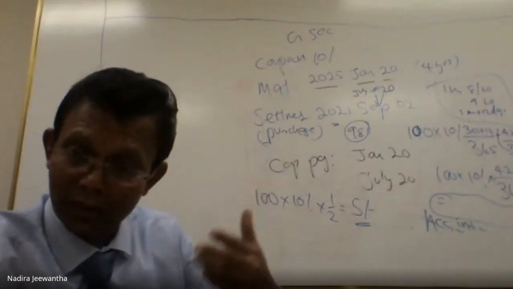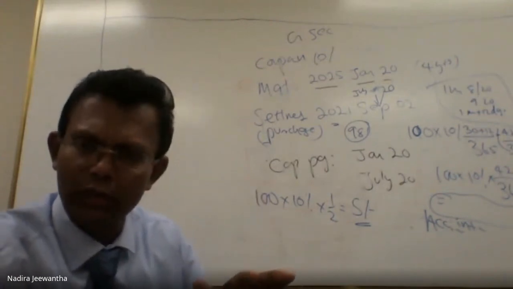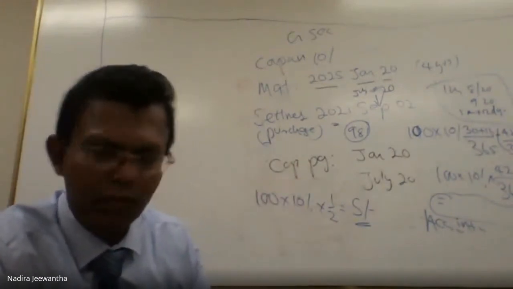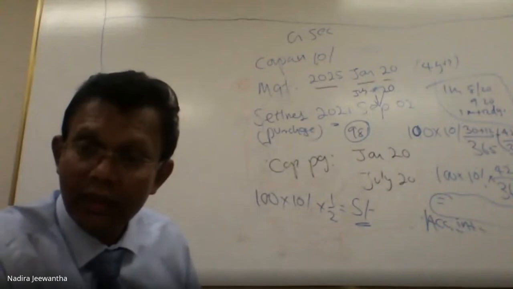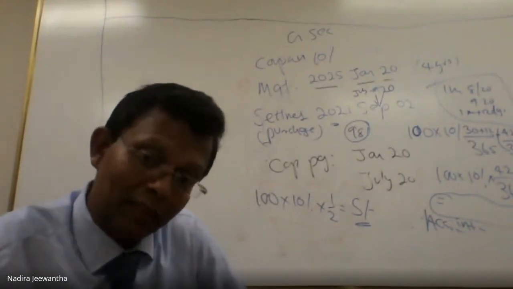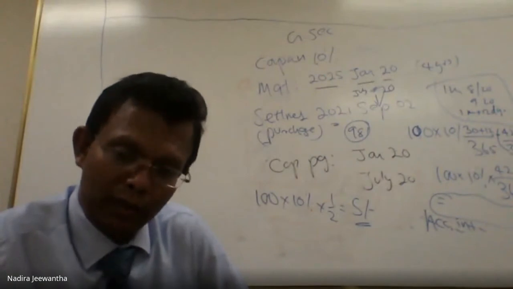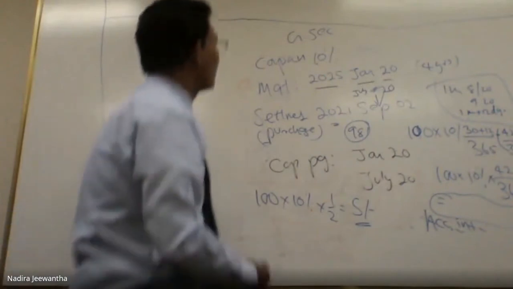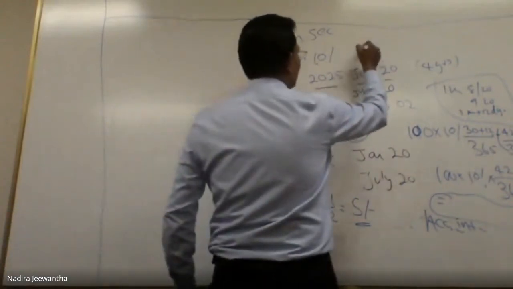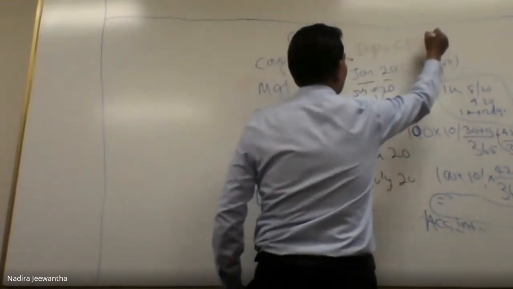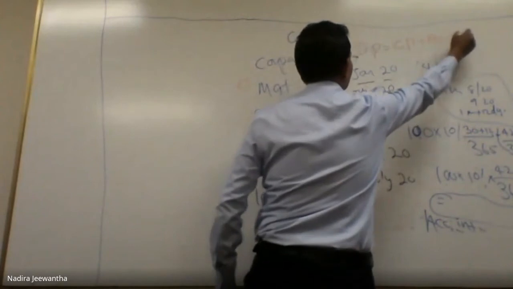First, you calculate the dirty price, like normal calculation, pricing, cash flows. Then you do the discounting, and you calculate the dirty price. Then you have to find out separately the accrued interest part. Dirty price means clean price plus accrued interest.